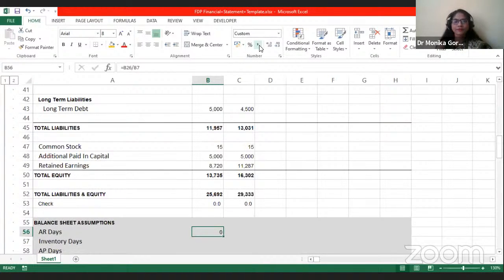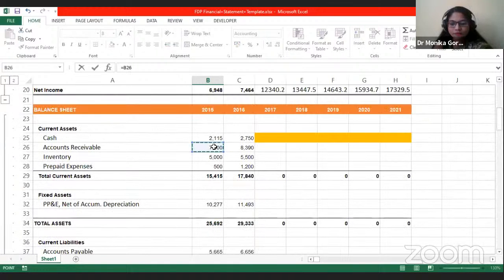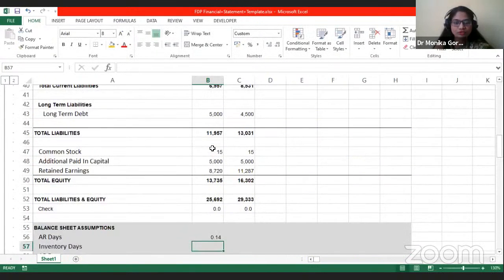Here I'll get the actual amount, which is equal to accounts receivable amount divided by your revenues generated for 2015.